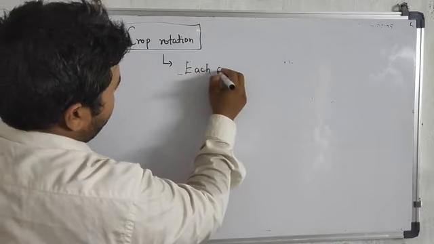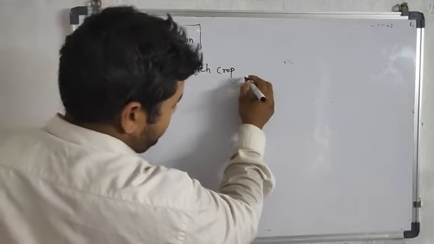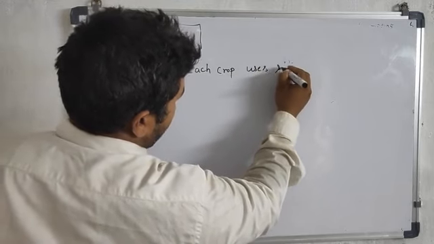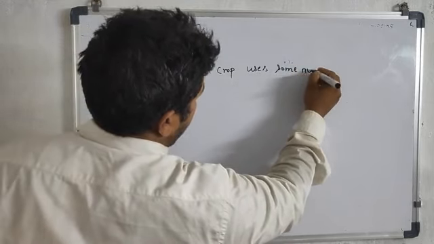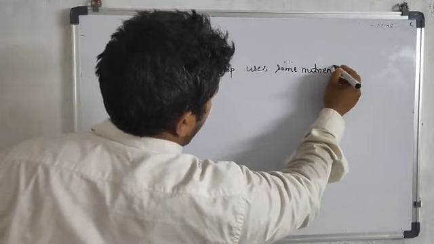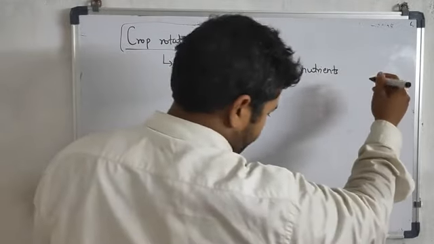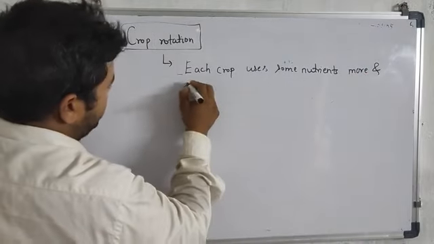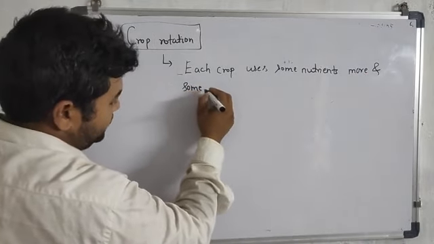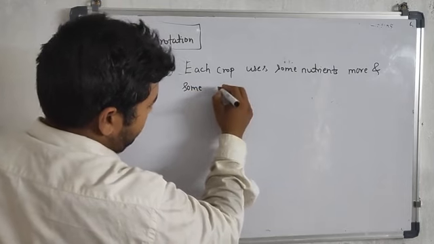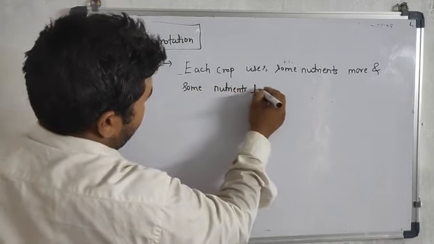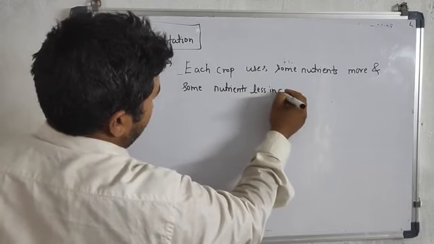So each crop uses some nutrients more and some nutrients less in amount.